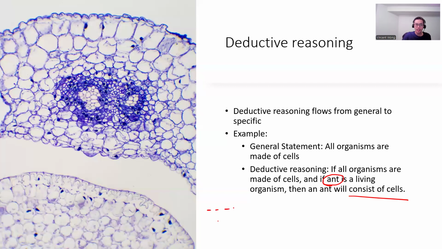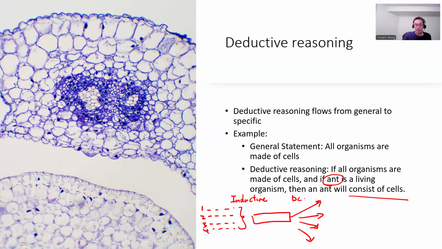If you take these individual observations, 1, 2, 3, 4, and then you come up with a general statement, that's inductive. And then when you apply it to different cases, that's deductive. And that's what science is about, right? You're trying to come up with some kind of trend based on what you observe, and then you use that to predict what would happen in other similar situations, right?